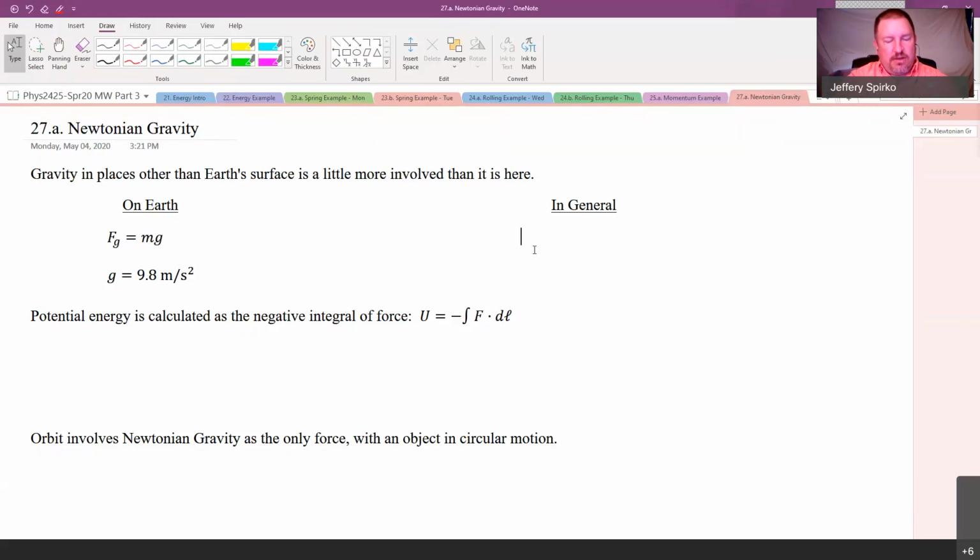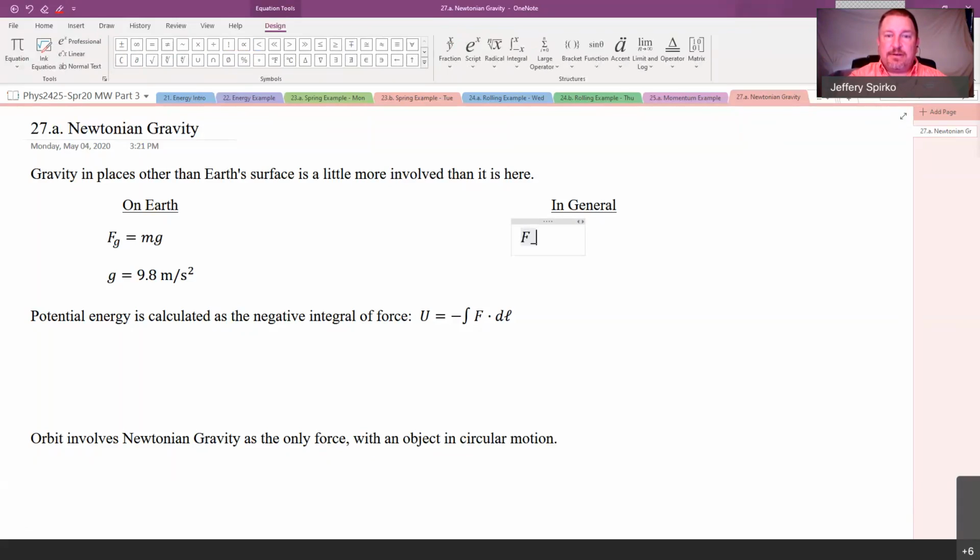So I call this F sub capital G, and it's equal to the constant capital G times 2 masses over r squared. So I need to define what these things are.